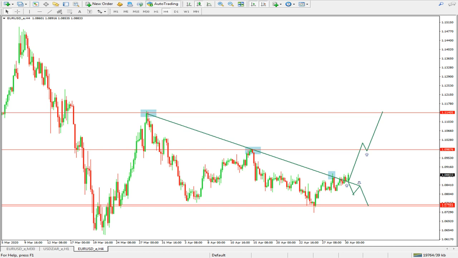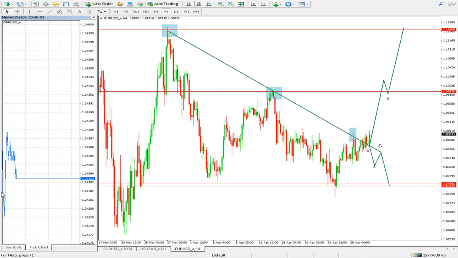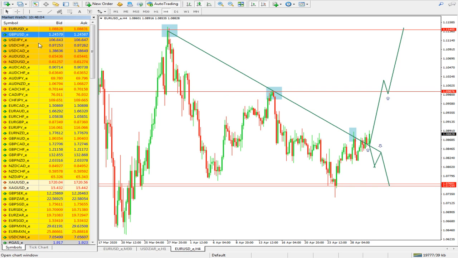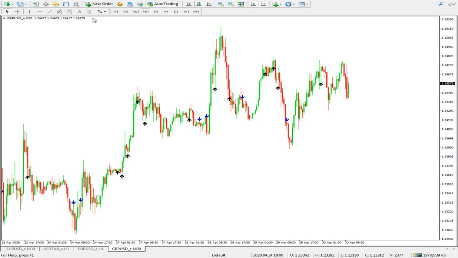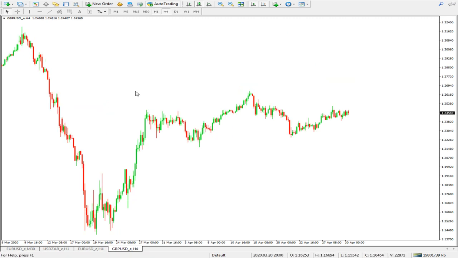What do we have on the next symbol? We'll look at GBPUSD. Sorry, GBPUSD should be this one. So this is downwards. Currently we have a momentum to the upper side, and if we have to draw our levels, there's something here which looks like a good trend line.